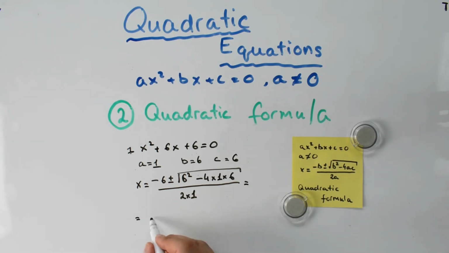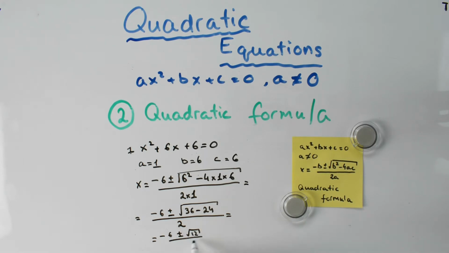Then we're gonna simplify it step by step, and I'm not gonna use a calculator. It's important to try not to use a calculator at the beginning, just to get your head around it and improve your algebra. So it simplifies as minus 6 plus or minus the square root of 36 minus 24, over 2, and then we simplify the square root to the square root of 12, which again simplifies to 2 square root of 3.